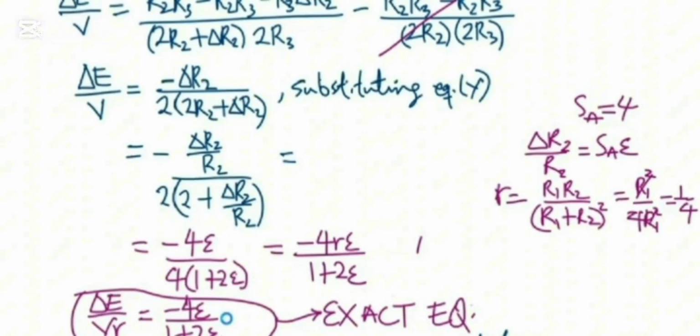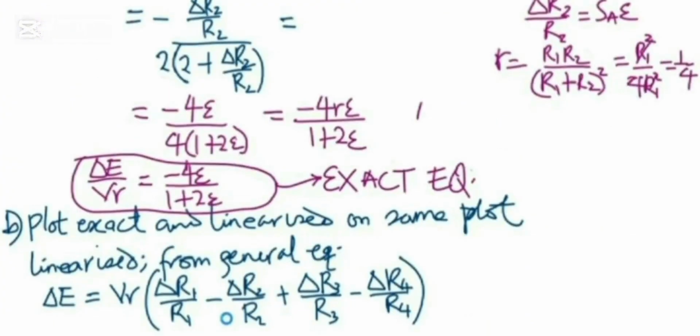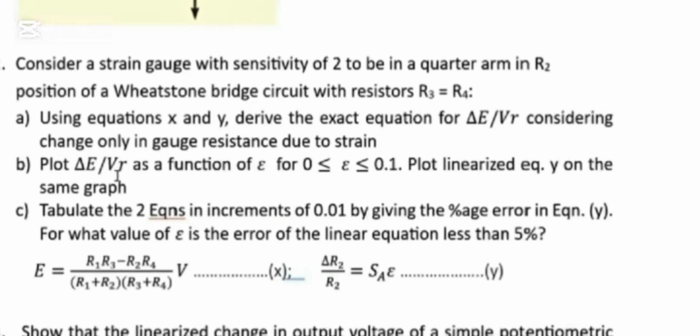Then next we look at the linearized equation, because from the question here, we are asked to plot the exact equation we are able to come up with. We should plot it as a function of the strain value in between 0 to 0.1.